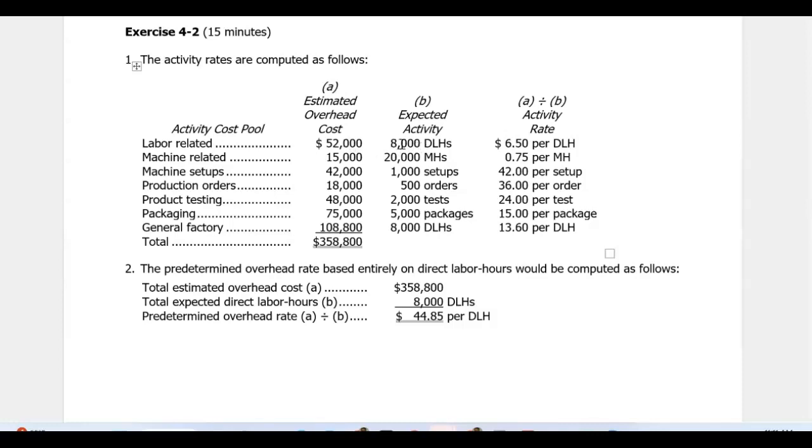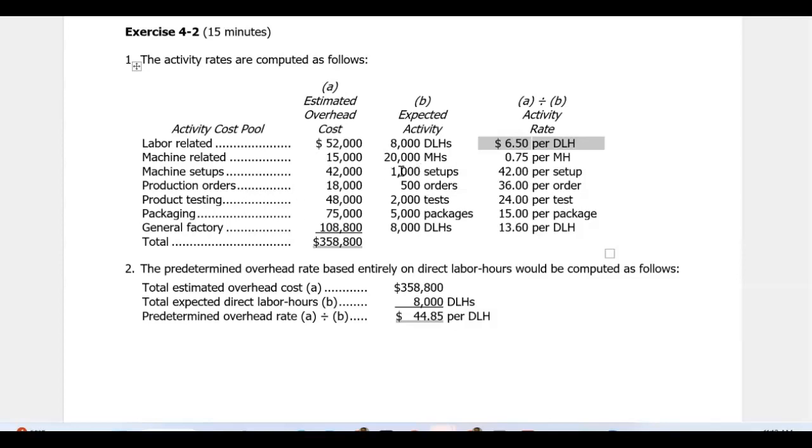So $52,000 divided by 8,000 hours gives us a predetermined rate for labor activities of $6.50 per direct labor hour. The machine-related cost pool is $15,000 estimated cost, and estimated activity for the next period is 20,000 machine hours, and that gives us 75 cents of overhead per machine hour.